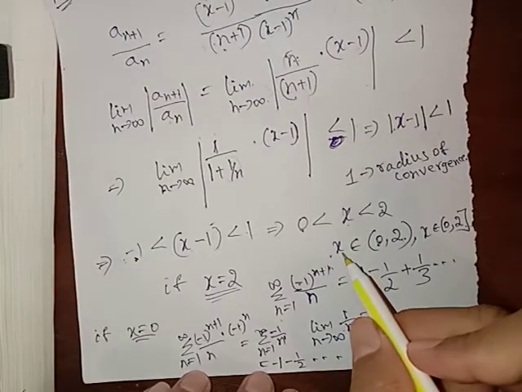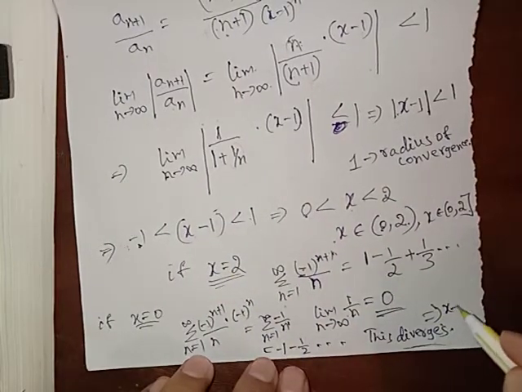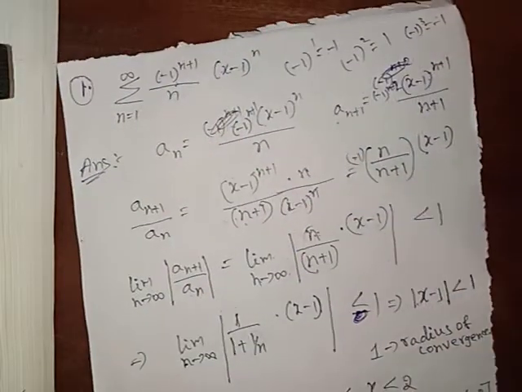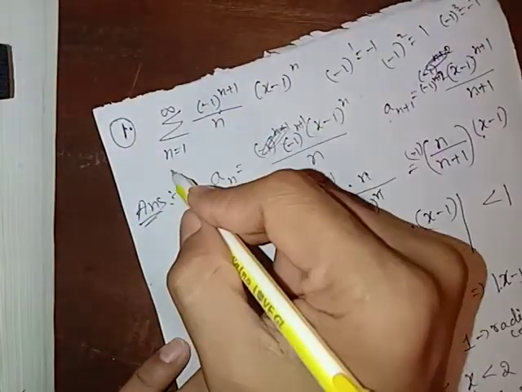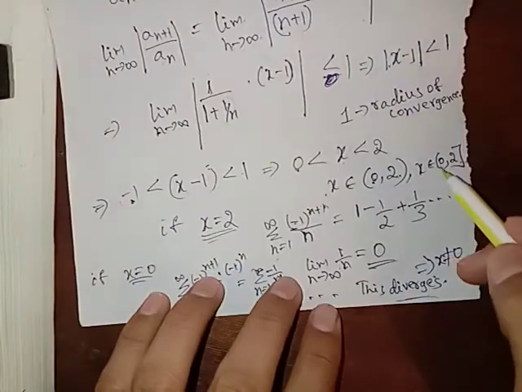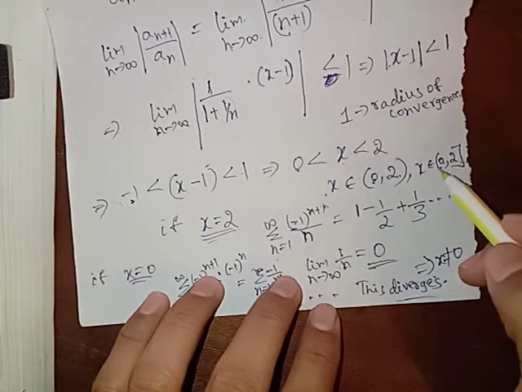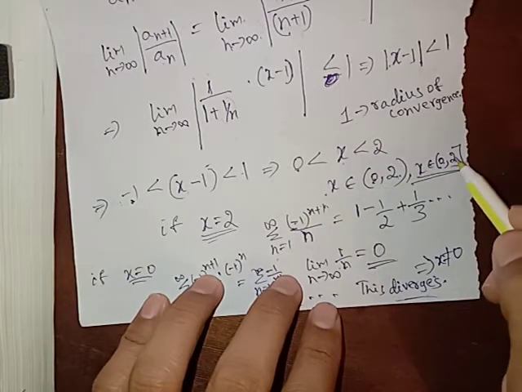So this shows that x is not equal to 0 for convergence of this series. So we can say that the interval of convergence is all real numbers from 0 to 2, excluding 0 and including 2.